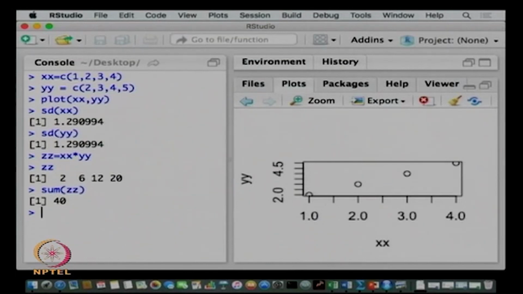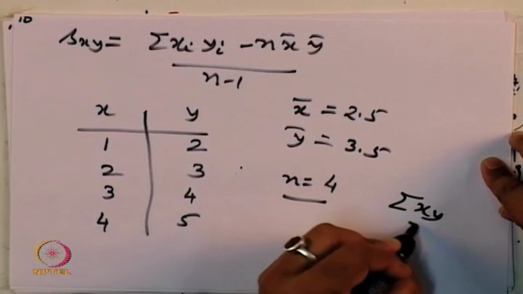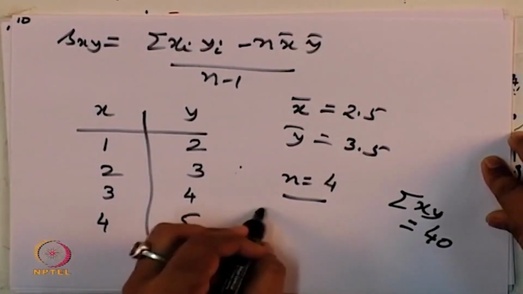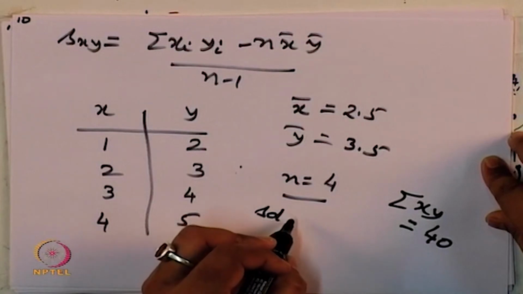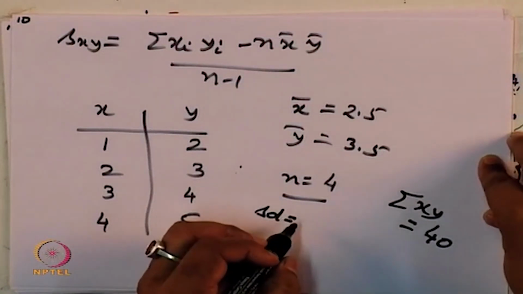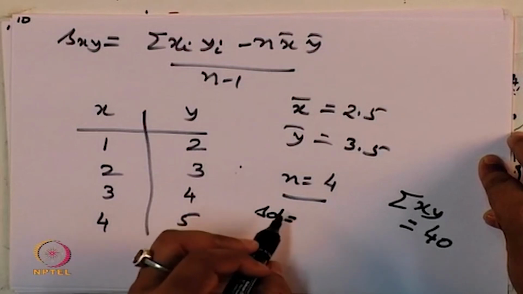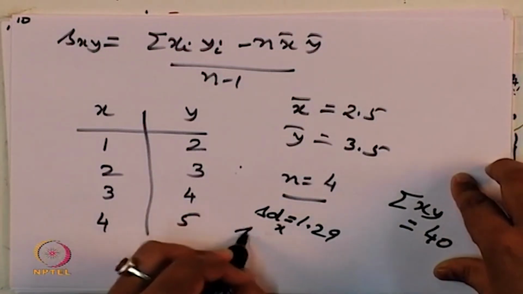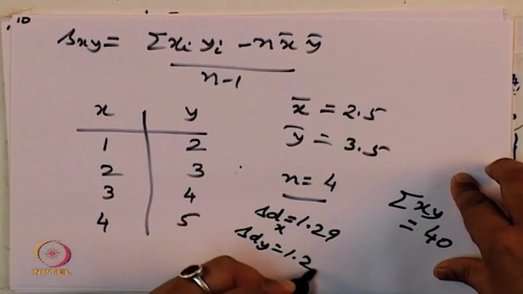Okay. So, I can see that summation xy comes out to be 40. I know standard deviation of x is 1.29, and SD of y is also 1.29.